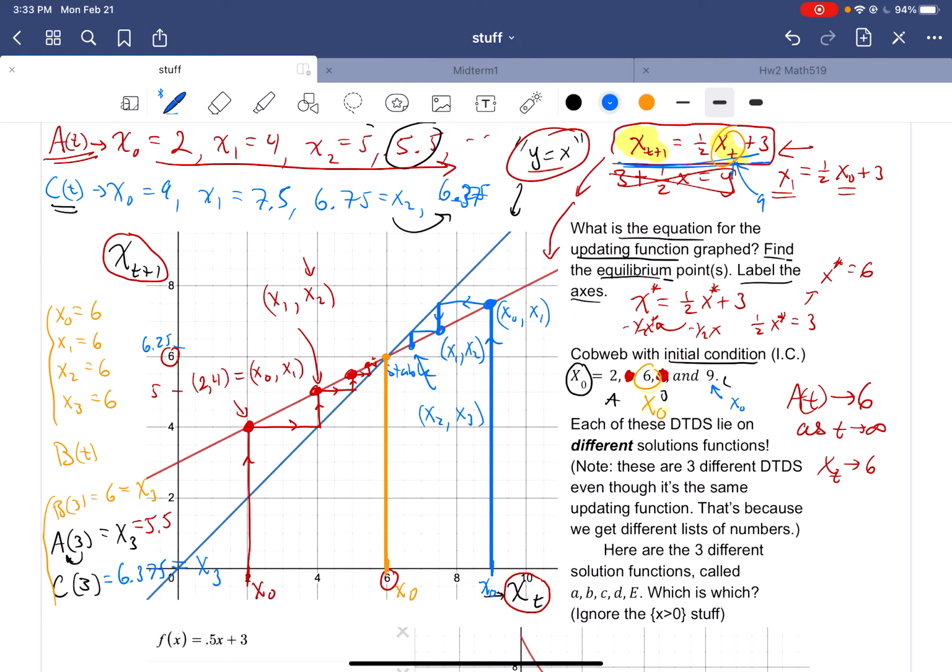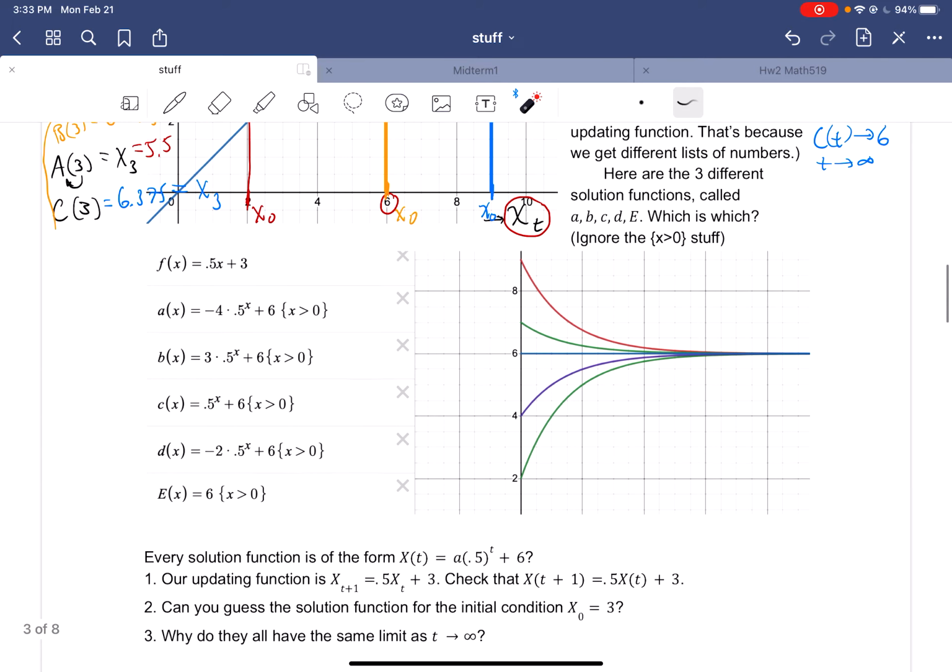I also know, if I look at my blue path, which had the solution function named c of t, that's also going to head towards 6 as t goes to infinity, which simply means as I move along my blue path, if I look at these y values, these are heading towards 6.